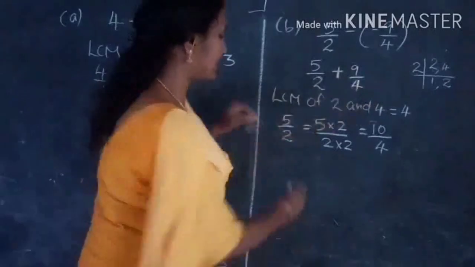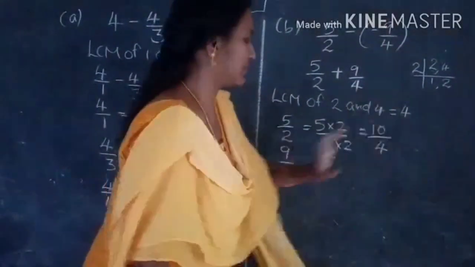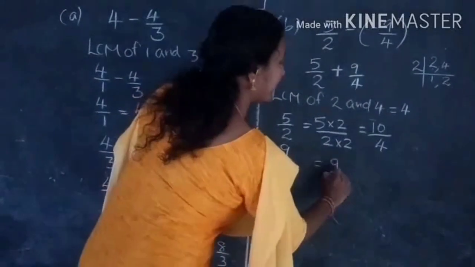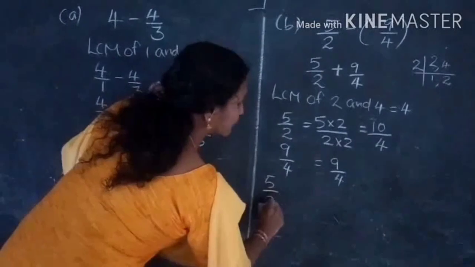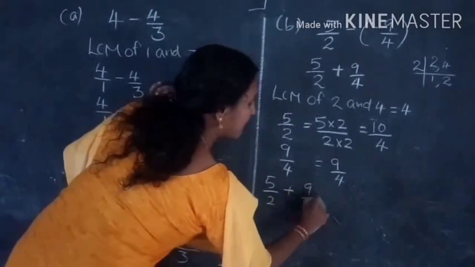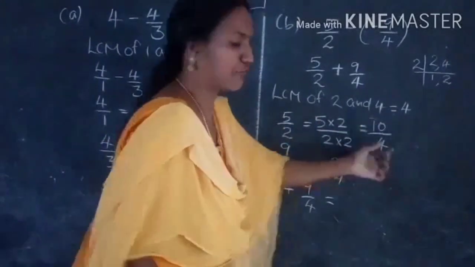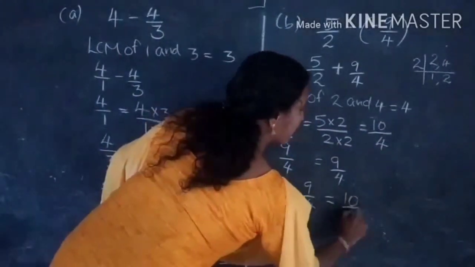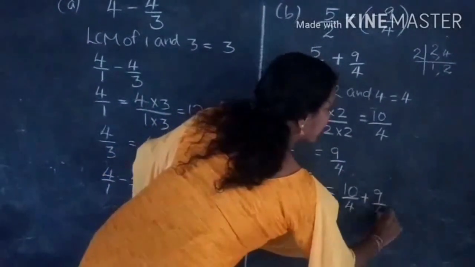Then the next fraction 9 by 4. Here the denominator is 4, so we write the same number 9 by 4. Then 5 by 2 plus 9 by 4 is equal to 10 by 4 plus 9 by 4.